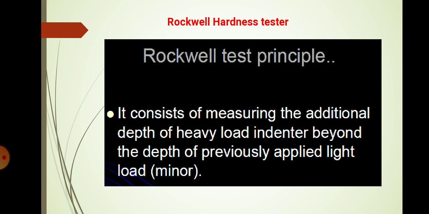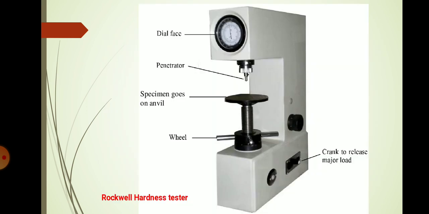So in this Rockwell hardness testing method we are measuring the depth of indentation. Priorly we apply the minor load, and after that we apply the major load, and the difference between the indentation after minor load and major load we calculate, and that is nothing but our hardness. It is directly given by the Rockwell hardness tester through the dial indicator.